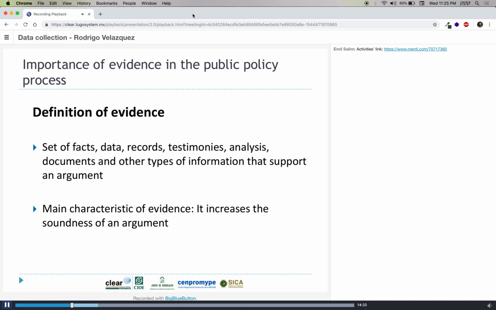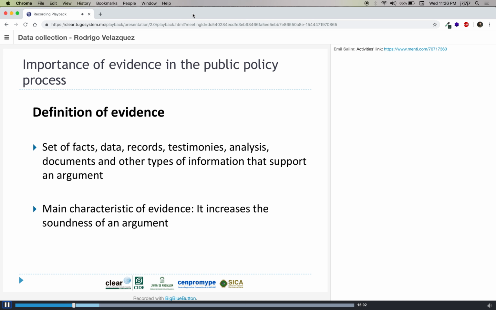And something that is very important is that this set of information has to support an argument, and we are going to see how this is achieved. And well, one of the main characteristics of evidence is that it increases the soundness of an argument.